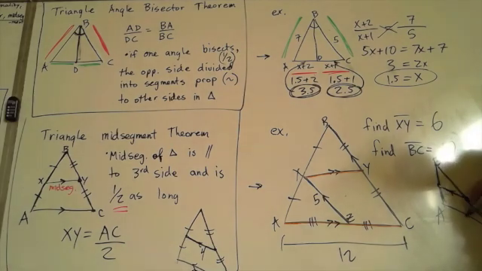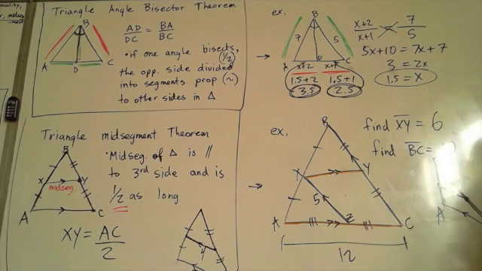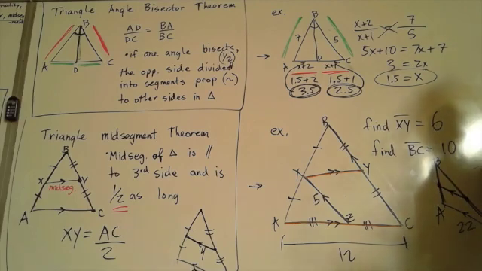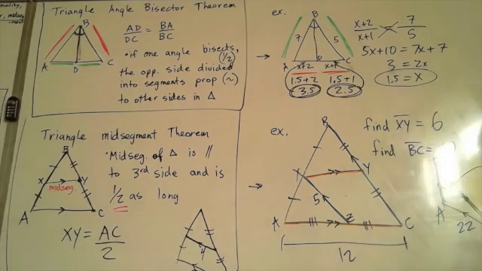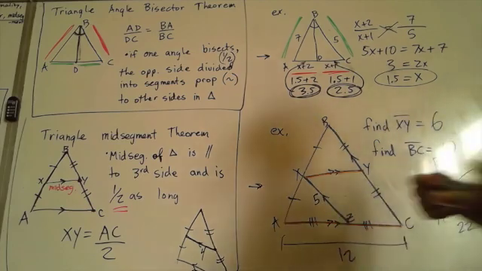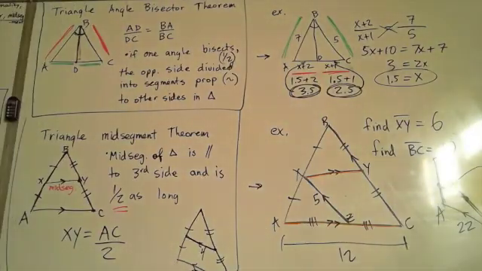So we know that the mid segment is parallel with the third leg. I'm going to call this 22, and figure out what the mid segment is. If that's 22, what is my mid segment? It's half as long as the third leg, so all I need to do is divide it by two.